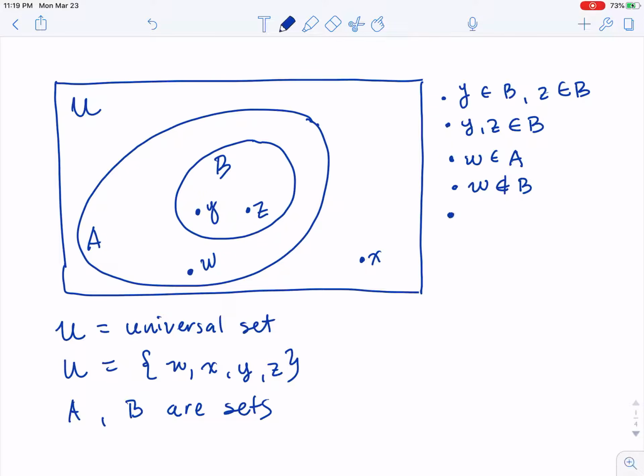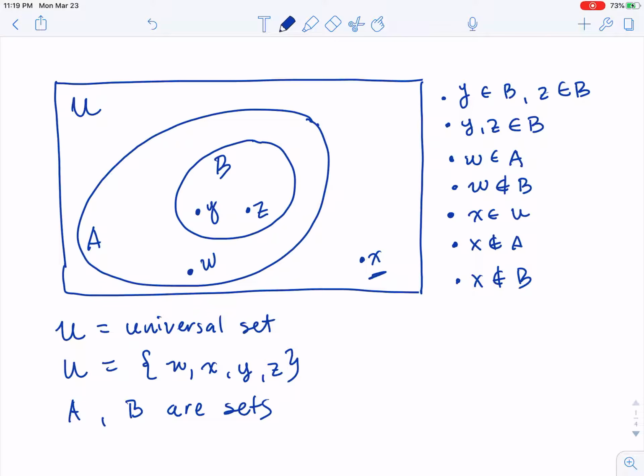So ang X ay element siya ng universal set, pero hindi siya element ng A at hindi rin siya element ng B. Nasa labas siya ng A. X is not an element of A. X is also not an element of B. Okay? So, nandito siya eh. So, wala siya dun sa loob ng A and B. Therefore, hindi siya element.